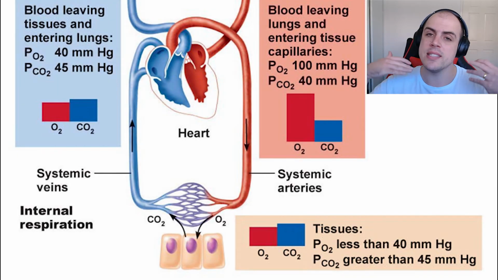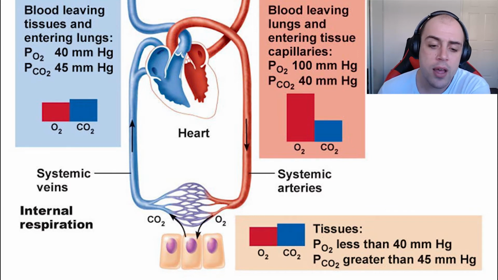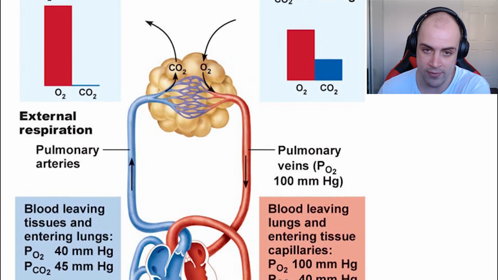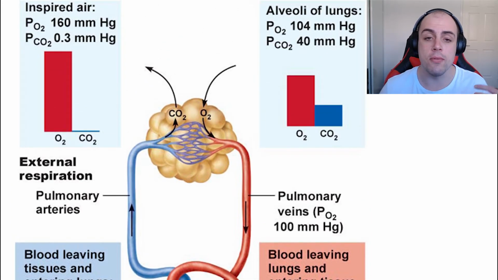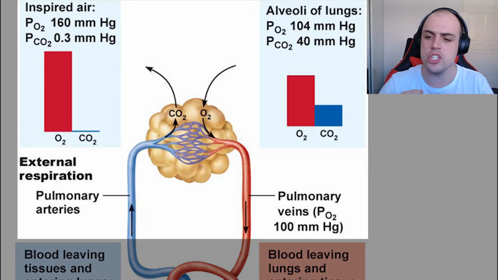This is internal respiration, the gas exchange occurring between the blood and the tissues. Then our blood is going to make its way back through the venous system and enter the pulmonary circuit to come back to our alveoli, for the overall purpose of undergoing external gas exchange to remove that old carbon dioxide, get in some nice fresh oxygen and begin this cycle all over again.